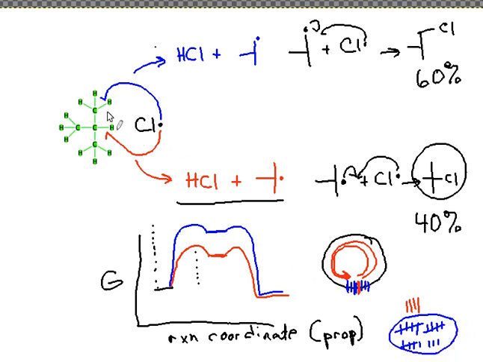There are just more potential pathways to reach this product than there are to reach this product. Even though the pathway leading to the tertiary alkyl halide is faster, there are 9 different ways to make the primary. And even though it's slower, you get more of those products in the end.